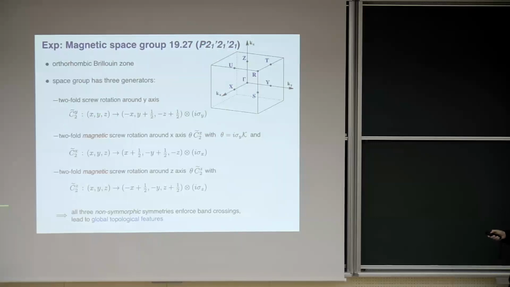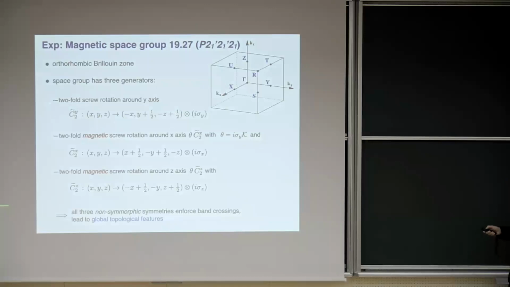So basically this rotates around the y-axis, and then you have a translation part also along the y-axis, and there's also a part which rotates the spin component of the electron.